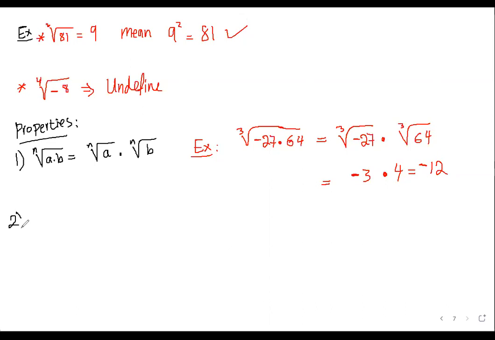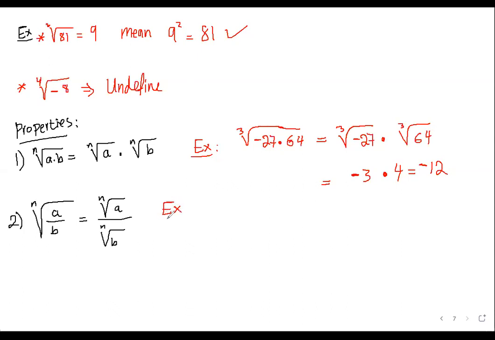The second property says the nth root of a over b is equal to the nth root of a over the nth root of b. So if I have a division, I can write it like this.